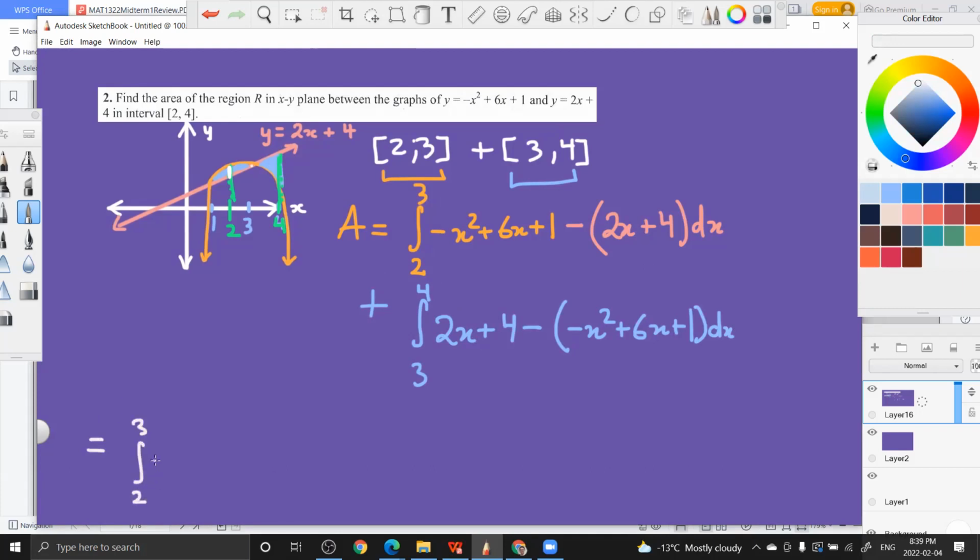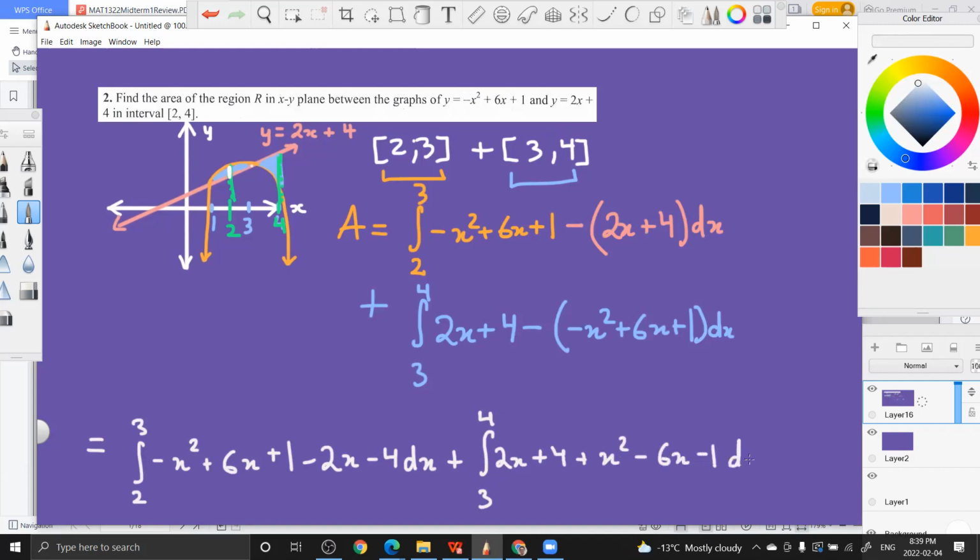So we get the integral of negative x squared plus 6x plus 1 minus 2x minus 4 dx, plus the integral from 3 to 4, 2x plus 4 plus x squared minus 6x minus 1 dx.